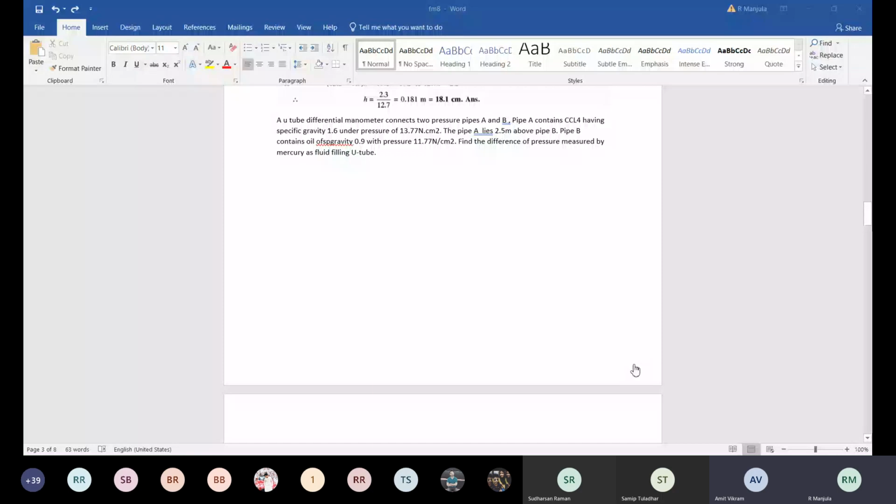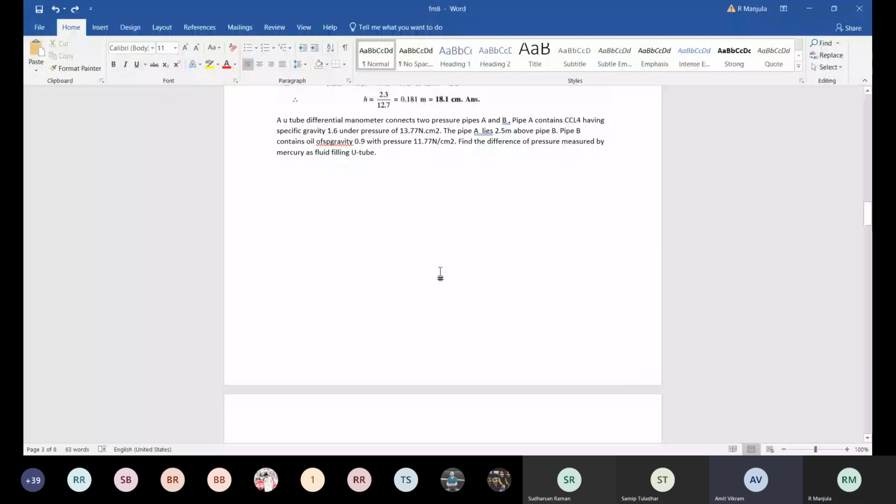Actually, pipe A lies 2.5 meter above B, and pipe B contains an oil of specific gravity 0.9 under pressure. Both are at different elevations, and you have to find out the difference of pressure measured by the mercury fluid filled in the U tube.